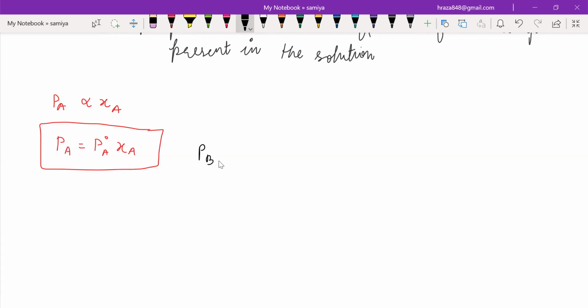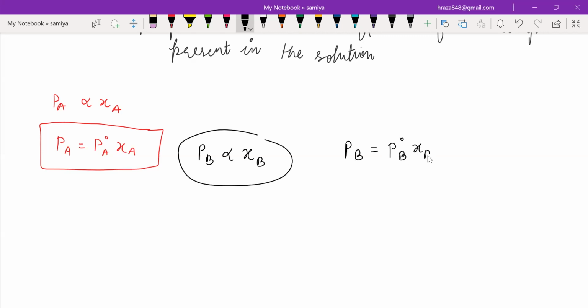In the same way, PB is directly proportional to mole fraction of B, and PB, partial pressure of B, will be equal to pure vapor pressure of B into mole fraction of B.